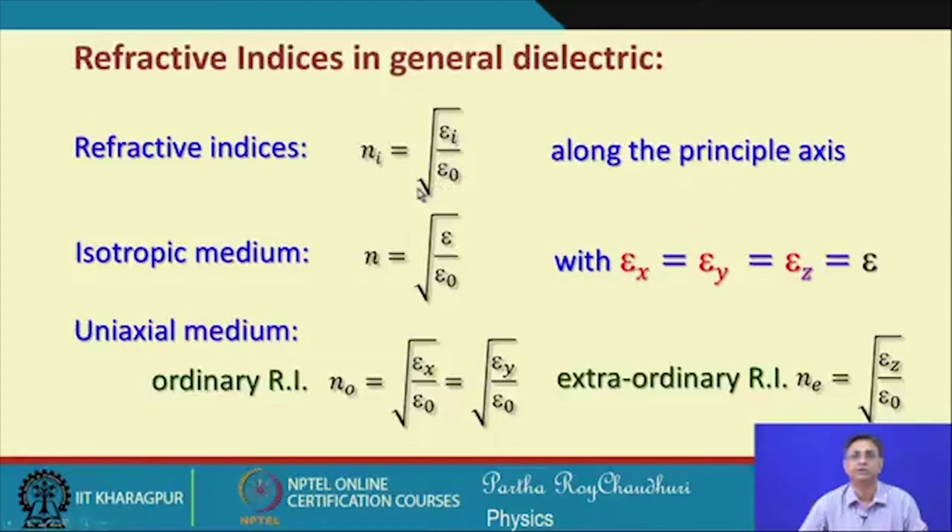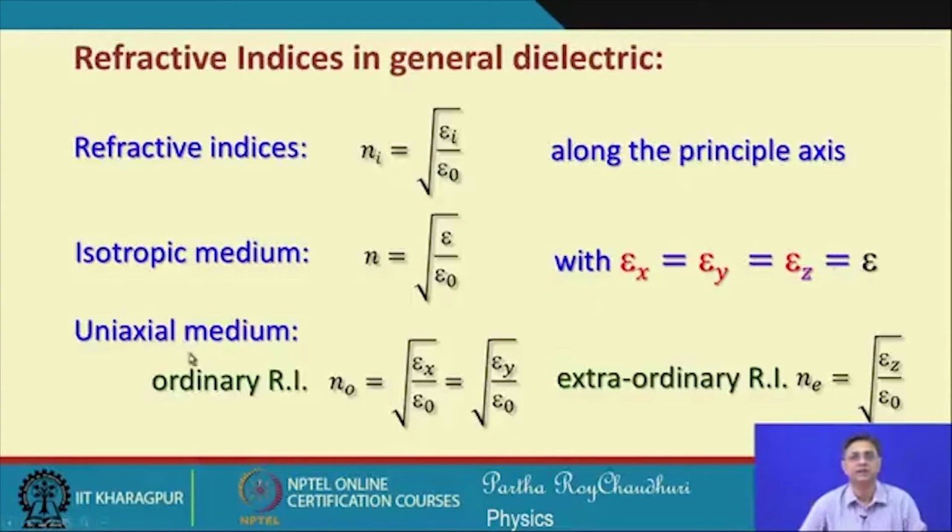The ratio and square root of that will represent the refractive index. So, that is along the principal axis. Now, for an isotropic medium, in general all of them are equal, so epsilon x equal to epsilon y equal to epsilon z is equal to epsilon, which will be represented by only one epsilon for all the directions.